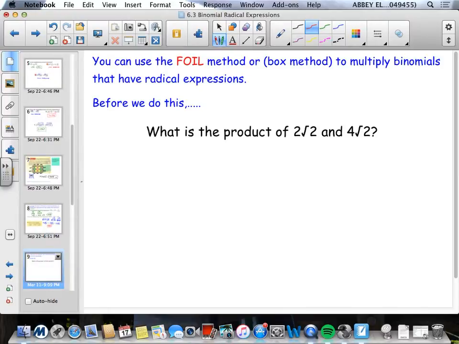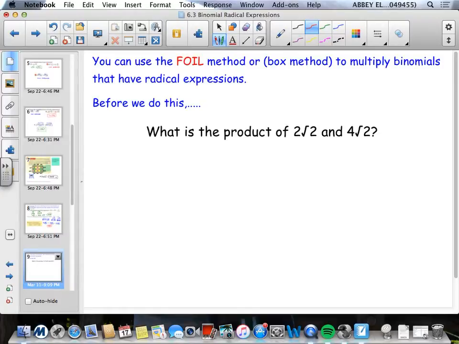All right, so now that we've talked about adding and subtracting, we're going to talk about how you FOIL with radicals. You actually saw this when we did complex numbers back in Module 4, so this isn't too terribly new, but I do want to hit this again before we move any further.